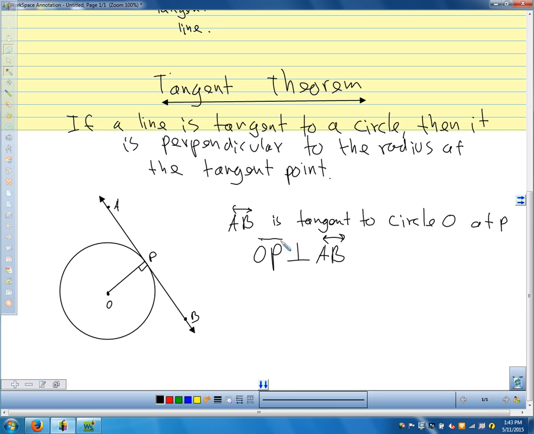A couple of important things in chapter 12. Often when we're solving problems in chapter 12 that have to do with circles, we need to remember two things. All radii are equal. It doesn't matter where in the circle we draw the radius, they're all the same length.